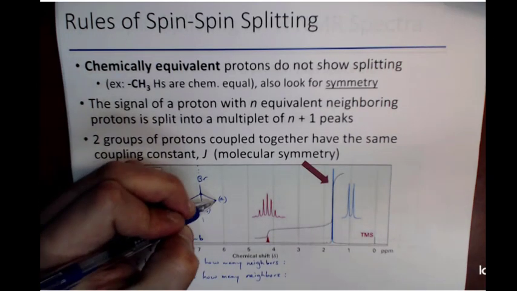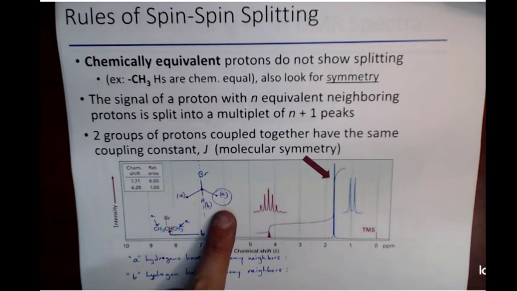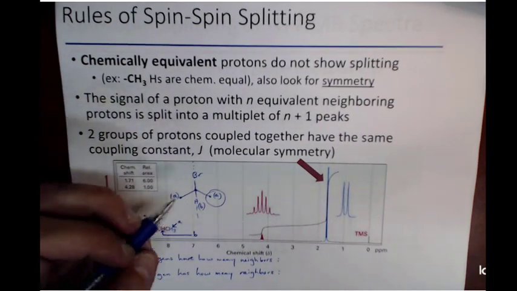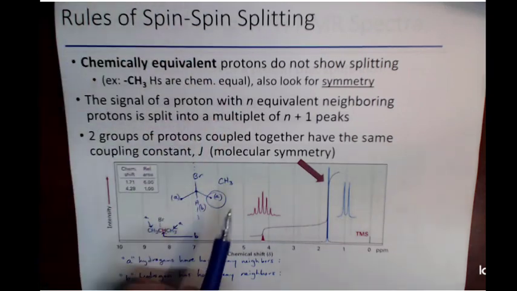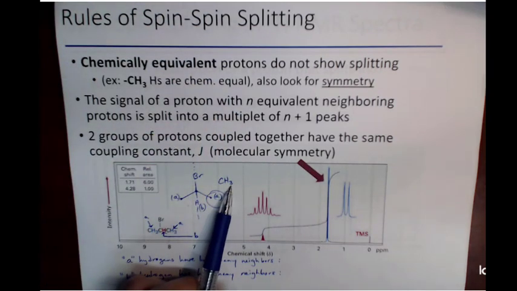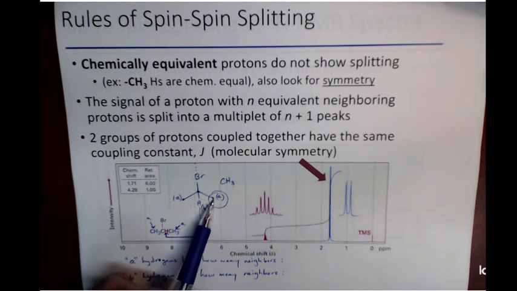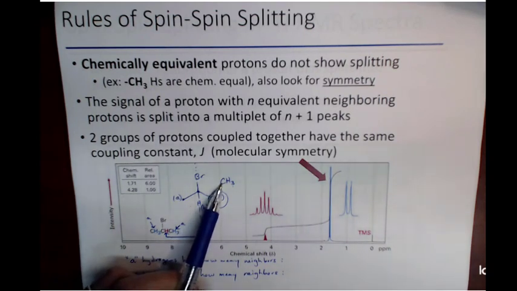So if we look at our A hydrogens, we have 4A. You have CH3 here. So those are your A hydrogens. Now, what you want to do is look at their neighbors. So imagine, if you would, carbons are the houses, and hydrogens are the people that live in the houses.